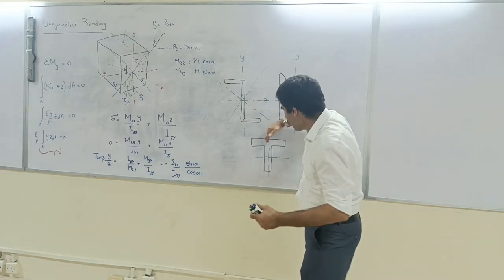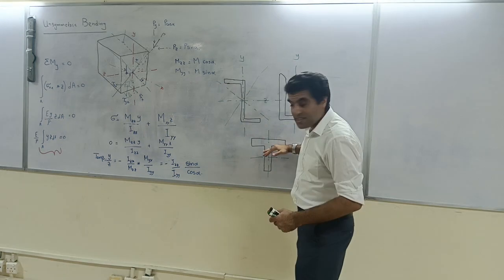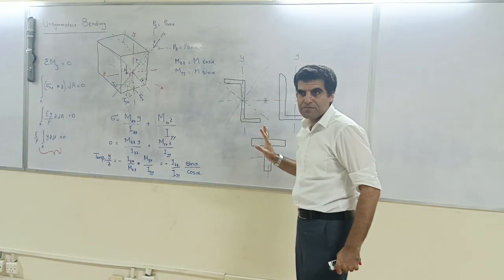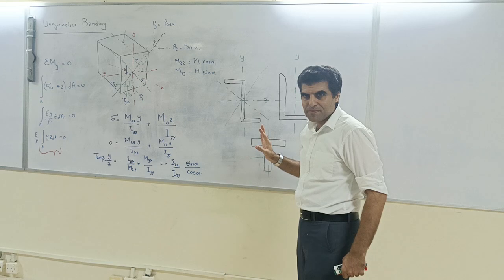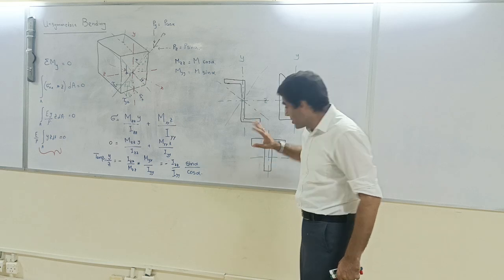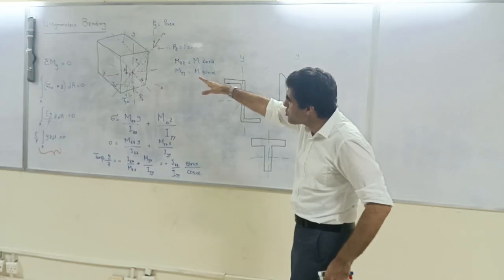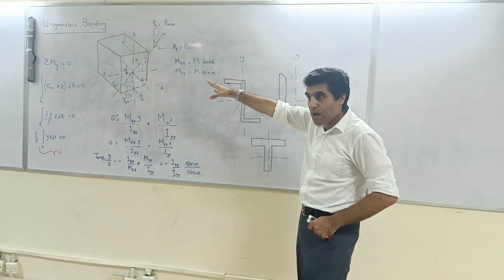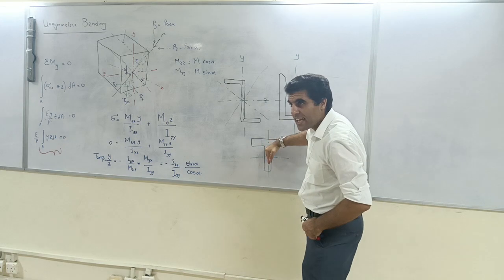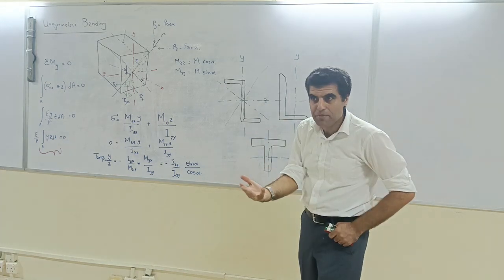If the load is applied at some inclination alpha, then you have to use the same formula. So the T section, which has one axis of symmetry, is also similar to this one. If you apply the load on the centroidal axis, it's okay, you won't have unsymmetrical bending.